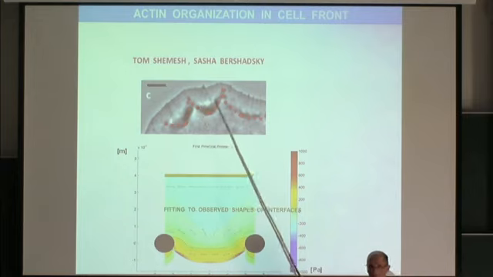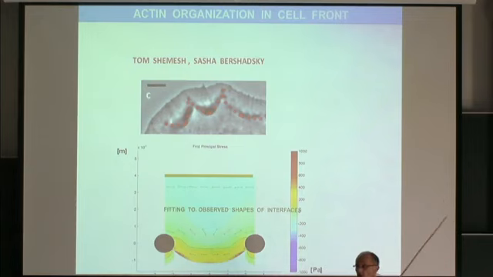Specifically, focal adhesions were also a part of the story, and we were able to describe the peculiar patterns formed in the retrogradely moving actin network as a result of this interaction. So this is also quite a piece of work, a few papers. I, and Sasha probably, will be happy to discuss it if anyone has interest in it.